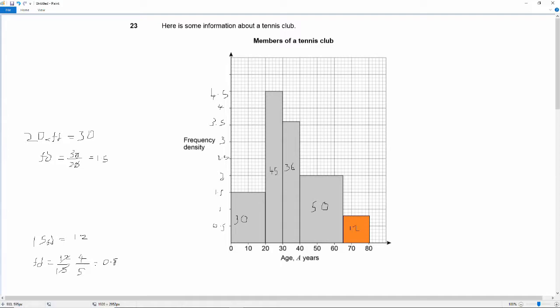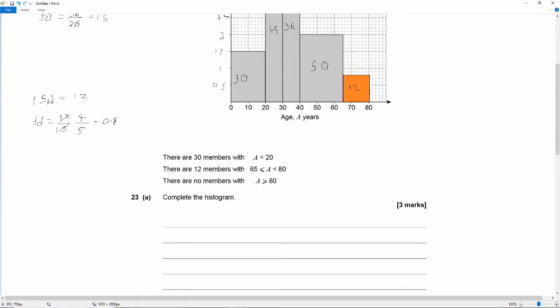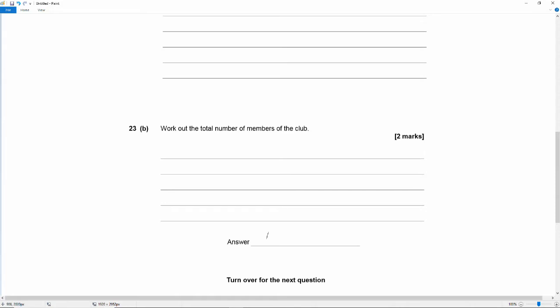Well, 30 plus 45 is 75. 75 plus 30 is 105, plus 5 is 110, plus 1 is 111. 111 plus 50 is 161, plus 12 is 173. So the answer is 173.